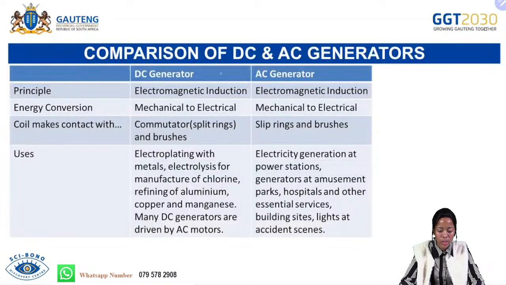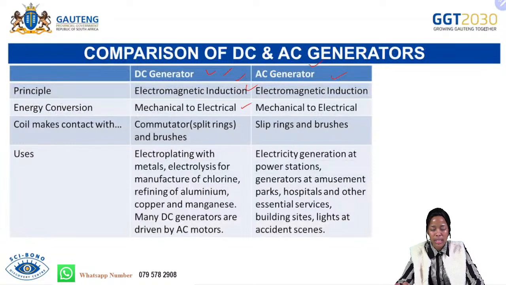Principles: we said generators use the electromagnetic induction principle. For a DC and an AC, they're using what? They're both using electromagnetic induction, and the energy conversion for DC and AC is the very same. Then know the difference between a DC and an AC. DC, very important.